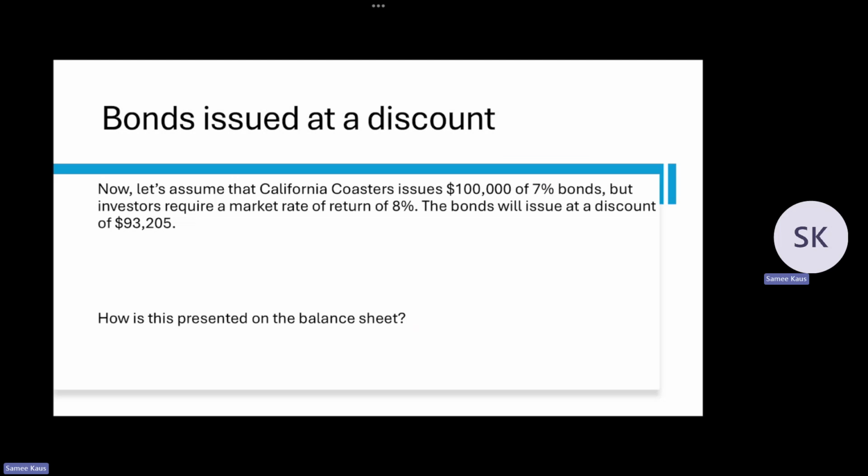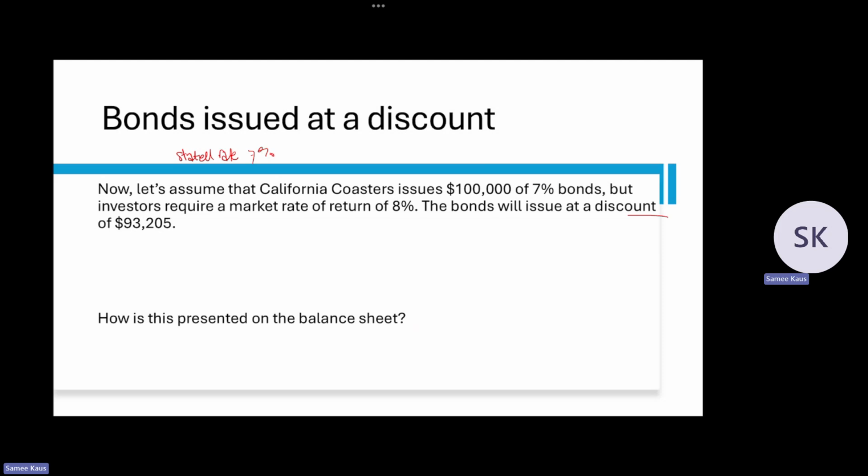Well, think about what this says. California Coasters issues 100,000 of its 7% bonds, but investors require a market rate of return of 8%. Okay, so stop right there, and I want you to ask yourself, is this going to be issued at a discount or a premium? Well, they say a discount, so I probably already know, but I have a stated rate of 7%.